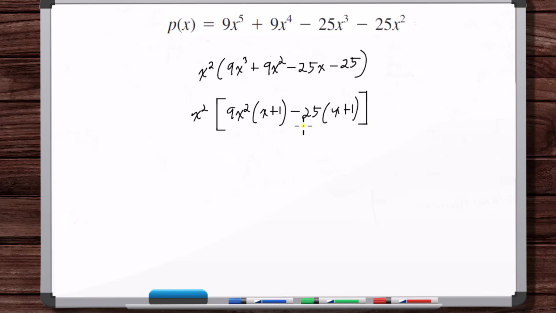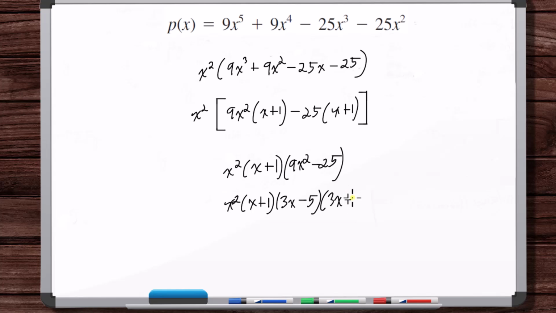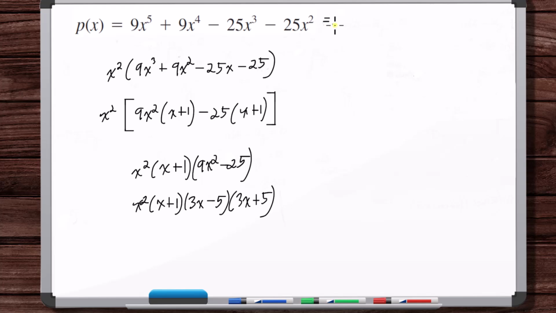Okay, yes, the grouping worked. Now we can factor out an x plus 1. Okay, now we have a difference of 2 squares here, so we can turn this into 3x minus 5 and 3x plus 5. So we've got x squared times x plus 1, 3x minus 5, 3x plus 5.